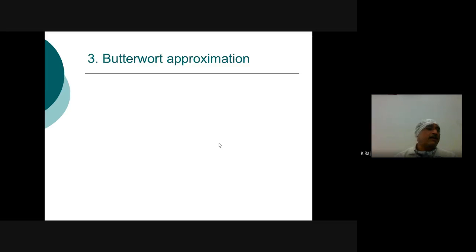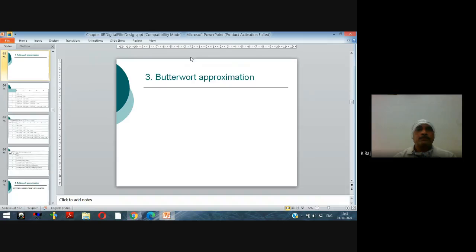After discussing all four types of approximation and how they are used to design the filter in the analog domain, we will discuss the mapping, that is, how the properties of the S domain will be transformed into the Z domain using the concept of bilinear transformation. So thank you for this session.